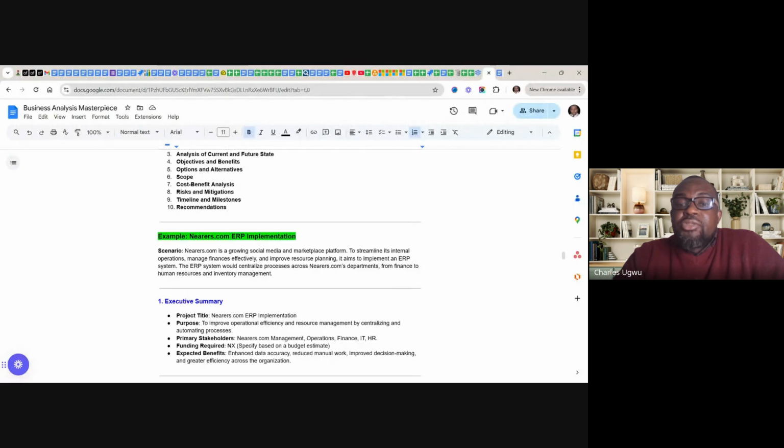It aims to implement an ERP system. The ERP system would centralize processes across neras.com departments, from finance to human resources to inventory management.